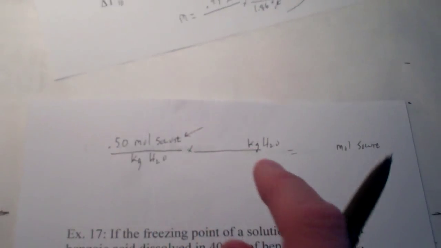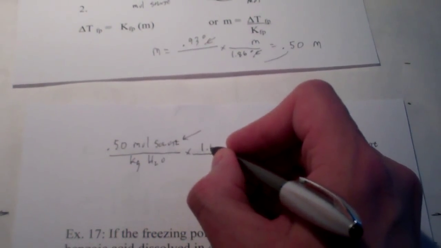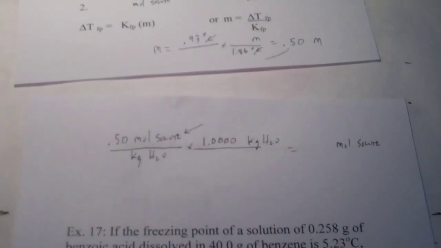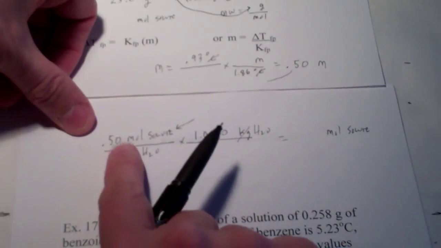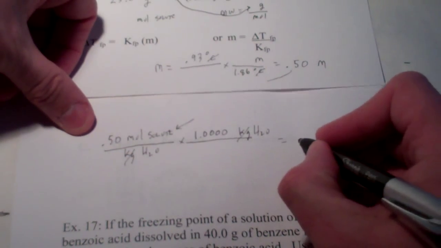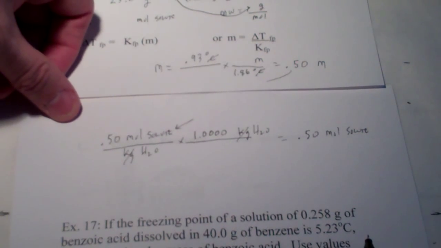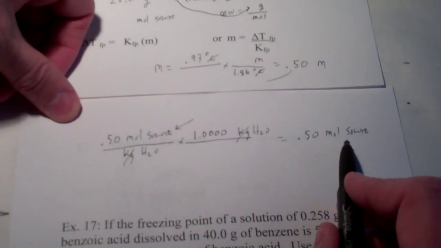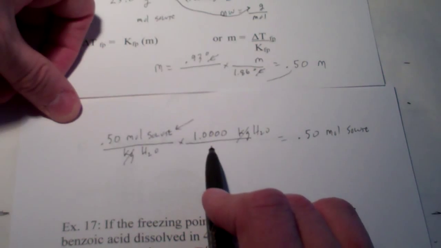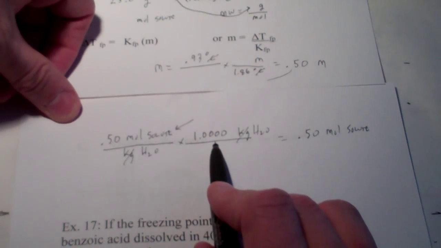That's a very pretty number. Isn't that 1.000 kilograms in this case? So the math is very simple. 0.50 times 1 is 0.50 moles of solute. In this case, the molality just happened to be the same as the moles of solute because the mass of my solvent was 1 kilogram.